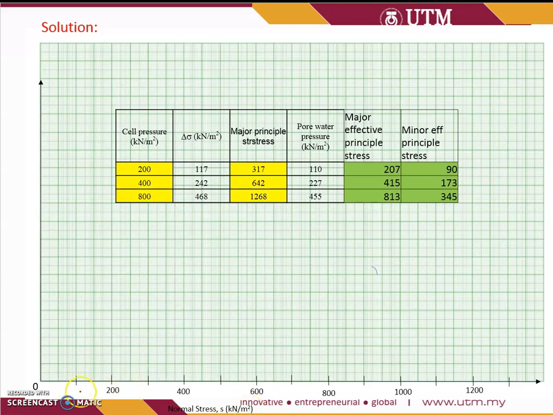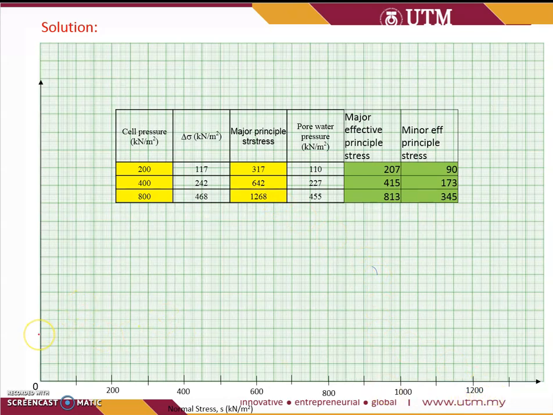I choose 100 for every 10 squares: 100, 200, 300, and so on until 1200. I got this scale by checking the maximum major principal stress we need to plot. The biggest value is around 1200 kilonewton per meter squared, so that's why the scale goes up to this value.